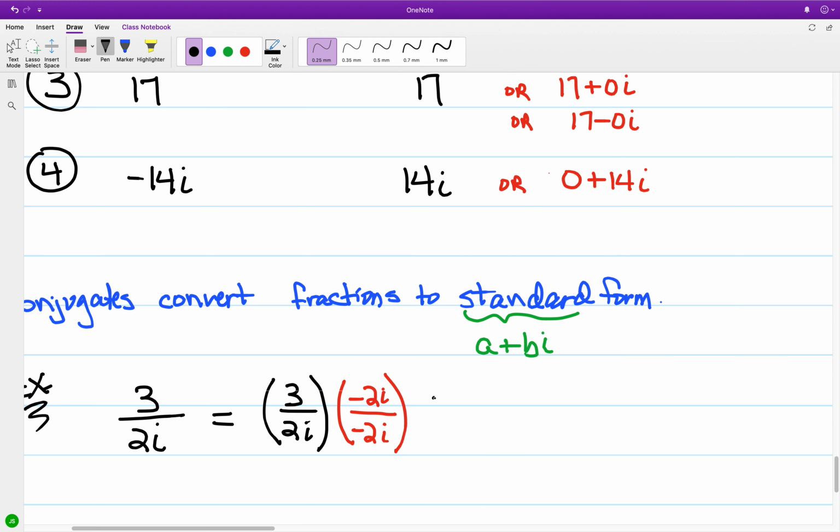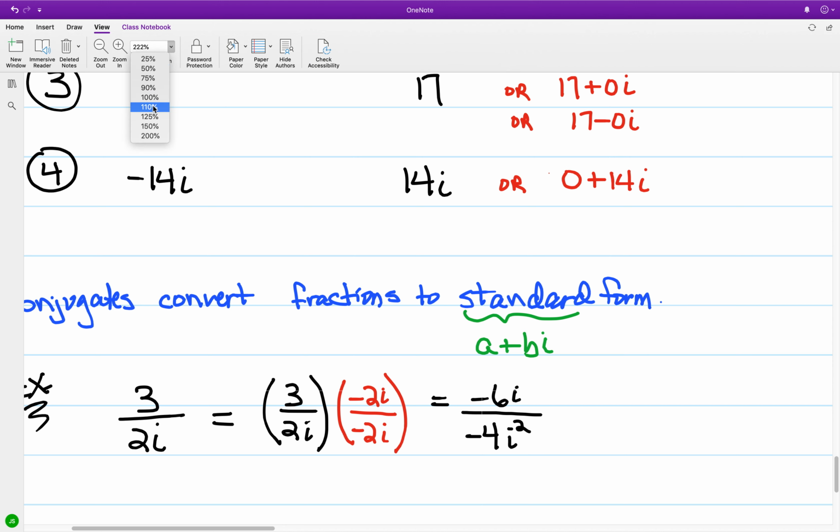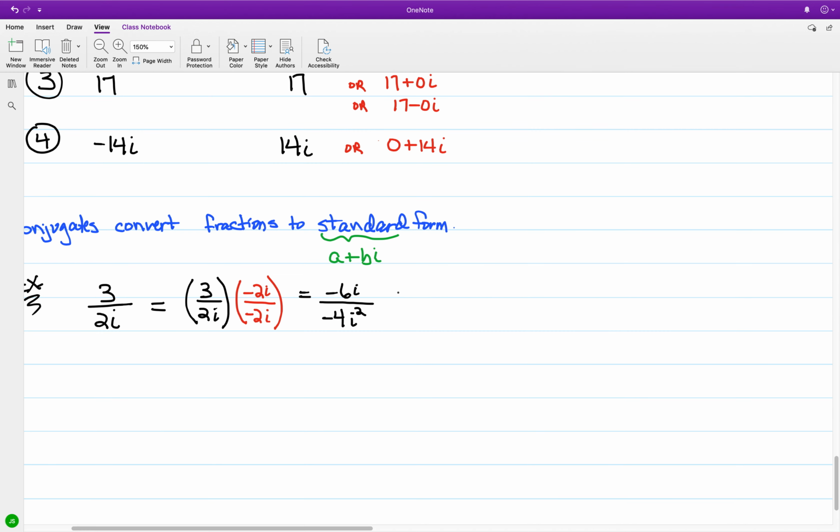For what we have here, 3 times negative 2i is negative 6i. 2i times negative 2i is negative 4i squared, so we have negative 4 times negative 1.